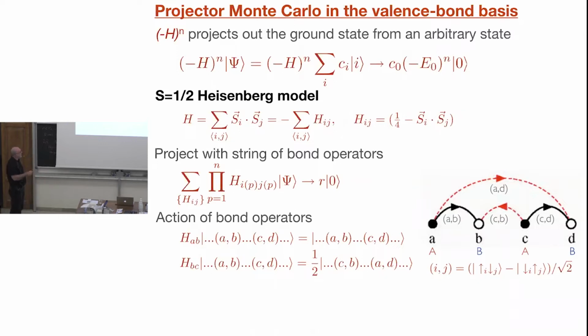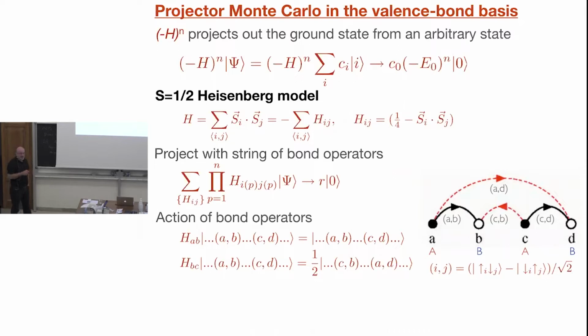Now what happens when we act? If we act with H_AB on a singlet, meaning A and B are paired up here, the singlet is an eigenstate with eigenvalue 1 of that operator, with its minus sign included. So that's the actual singlet projector, the eigenvalue is 1.